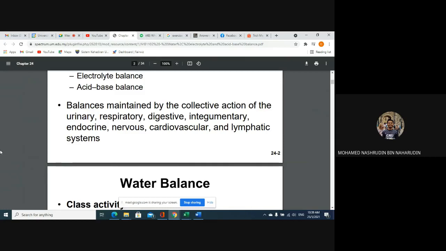And then, of course, cardiovascular as well. And then, last but not least, the lymphatic system, which consists of the body's defensive mechanism. It requires some water intake and water loss in it.